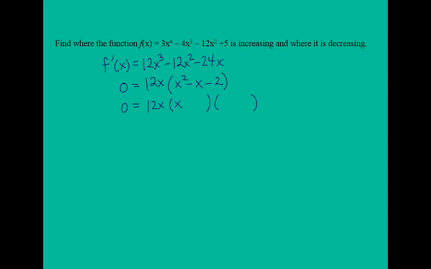We'd have x minus 2 and x plus 1. We'd get x squared minus 2x plus x gives us negative x, and then 1 times negative 2. So if we set each one of these factors equal to 0, we get x equals 0, x equals negative 1, and x equals 2.